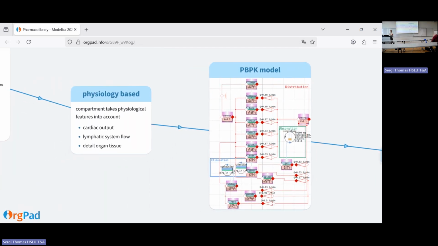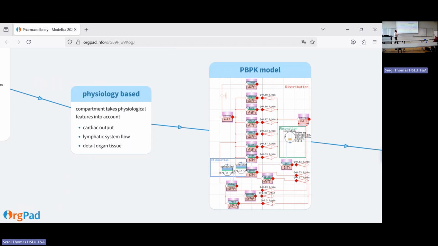There are physiology-based models. The 1, 2, 3 compartment models are mainly based on the data. So the data fits the models, but the physiology-based models take into account, for example, the cardiac output, the lymphatic system flow, or detailed organ tissue behavior.